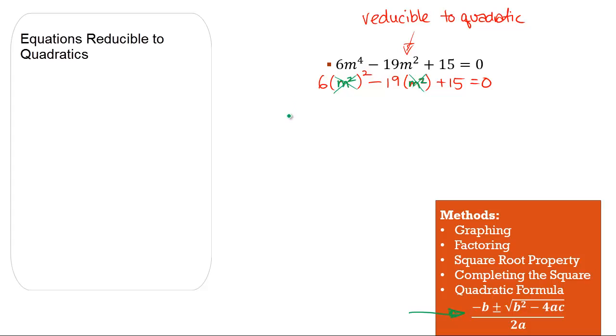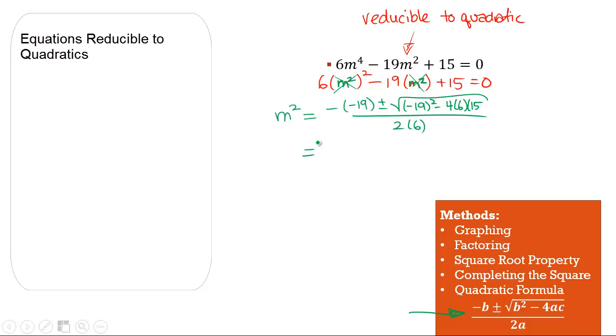So we know that by the quadratic formula, the m squared is equal to negative b plus or minus the square root of b squared minus 4ac, over 2a.